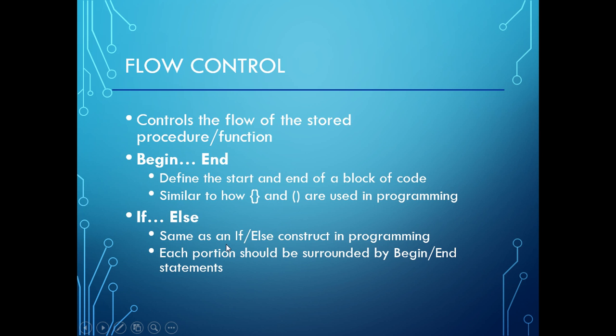We can do if and else. So this is the same as an if-else construct in programming. Like in programming, you put generally the squiggly brackets around the start and end of each piece of it. We use begin and end around each portion. So if some statement, begin, end, else, begin, end.